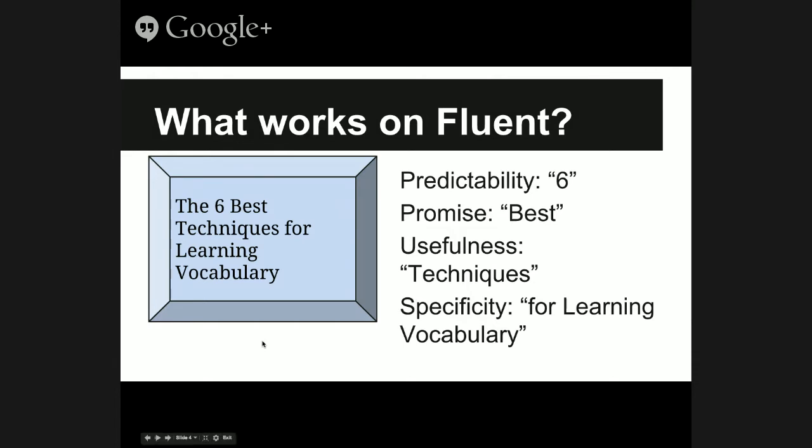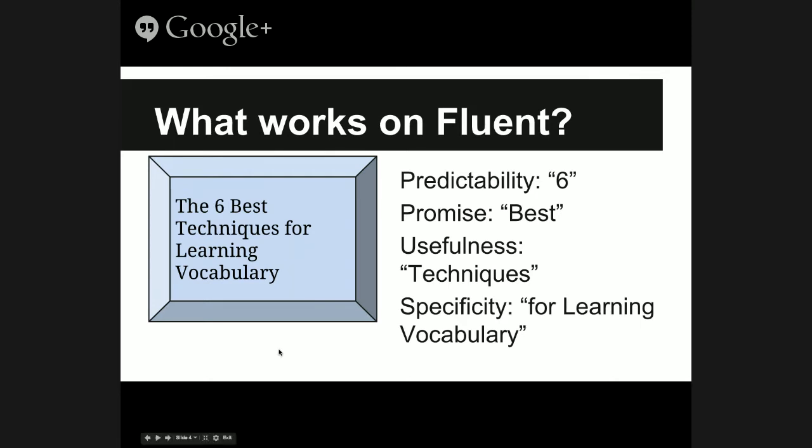And number 4 is specificity, which means, who's this article actually for? Don't be vague. If I just say the 6 best techniques, meh, that's not as interesting. If I say the 6 best techniques for learning, still not quite as specific. I say 6 best techniques for learning vocabulary. So this is quite specific.